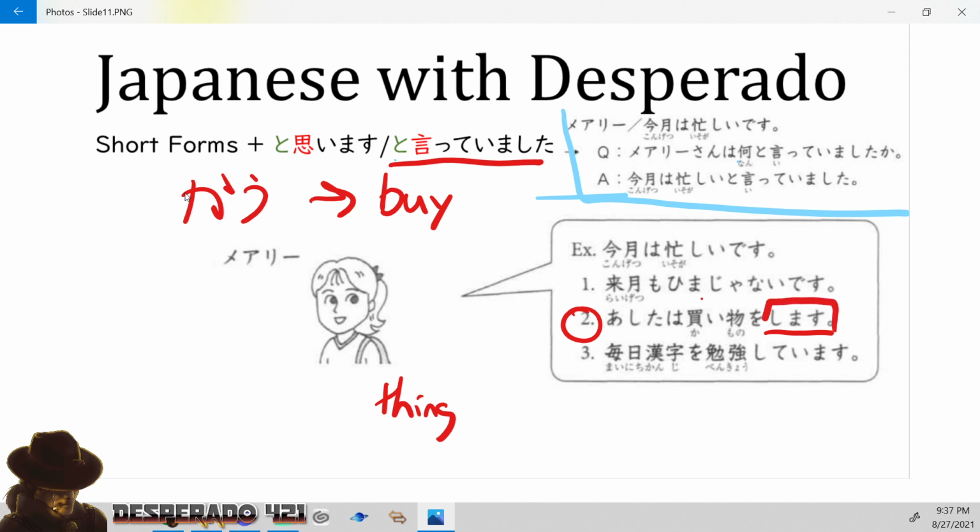Well, I would change that out, right? Yes, you need to change that to the short form. Which would just be what? I'm not remembering anything today. Not shimasu, is it? No, this is an irregular verb. Of course it is.